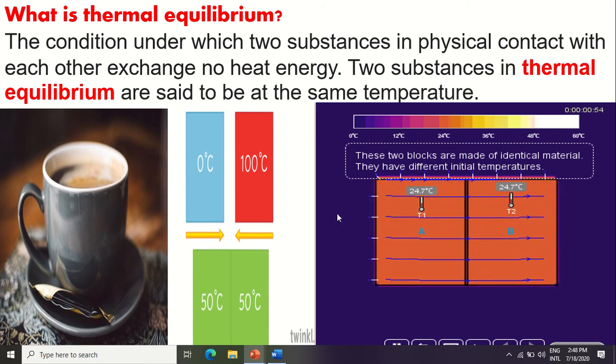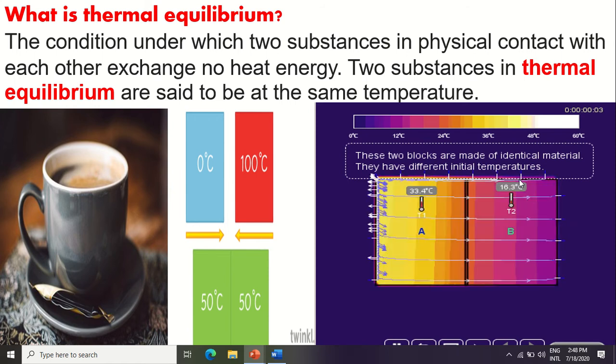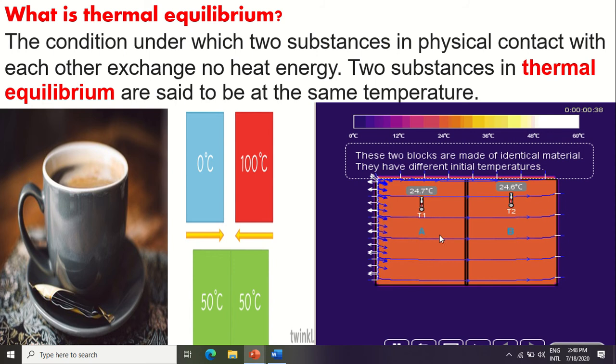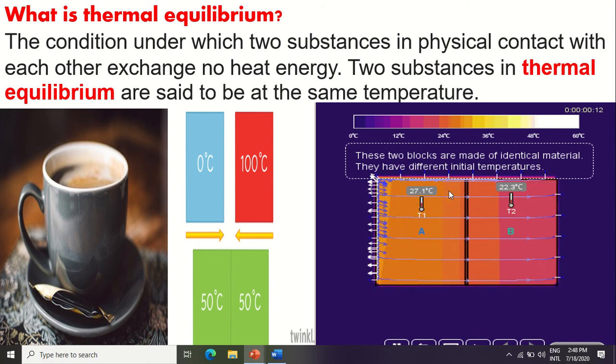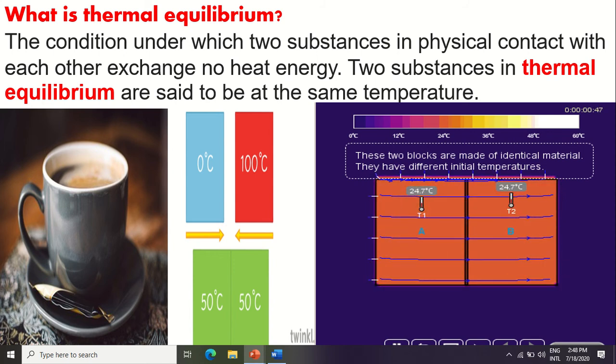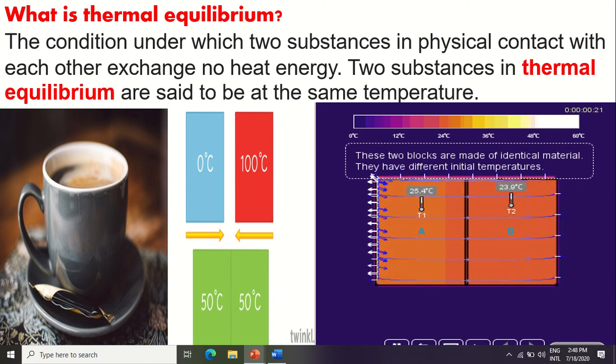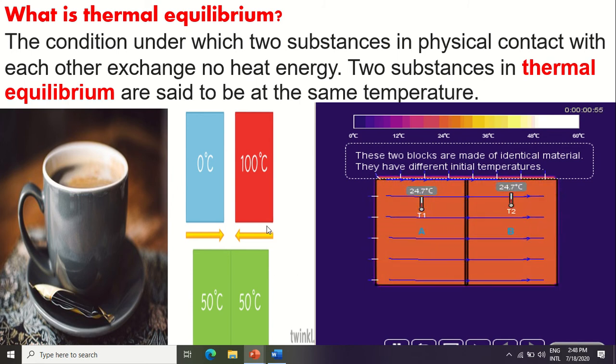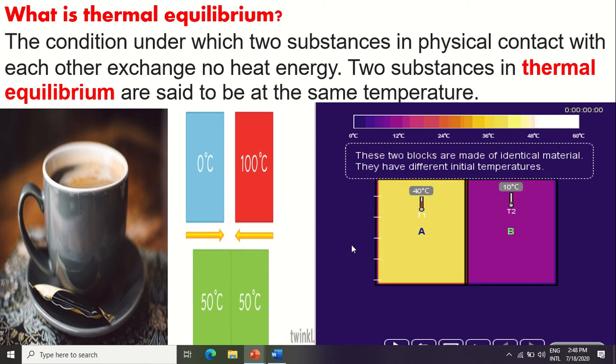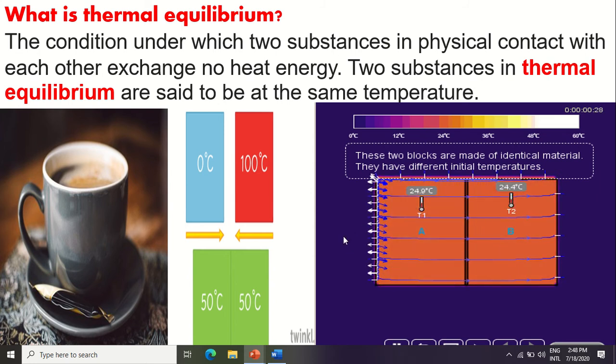This heat flow will continue until the temperature of both objects reaches the same value. After some time we will observe that both blocks reach the same temperature, that is 24.7 degrees Celsius, and that situation is known as thermal equilibrium. Dear students, I think you have understood what thermal equilibrium is.